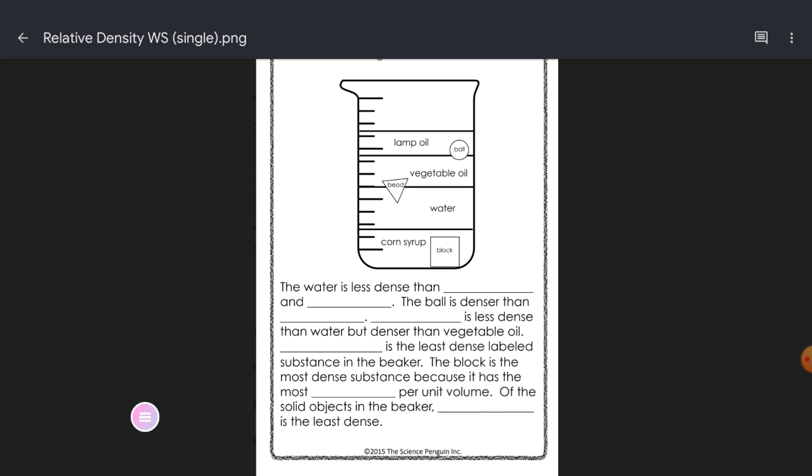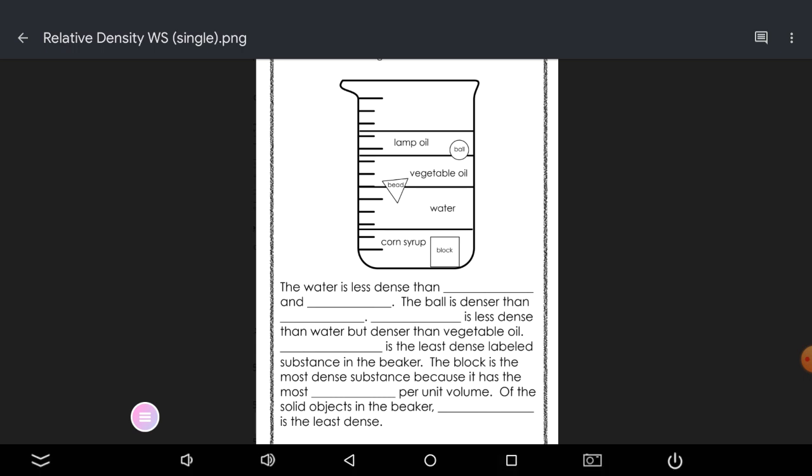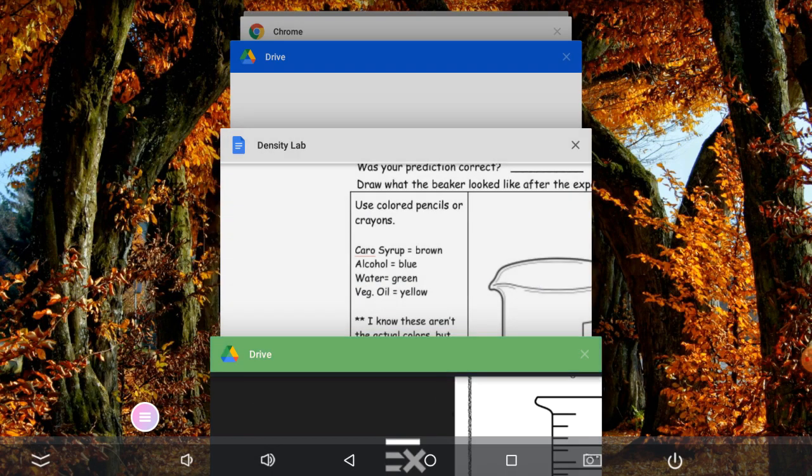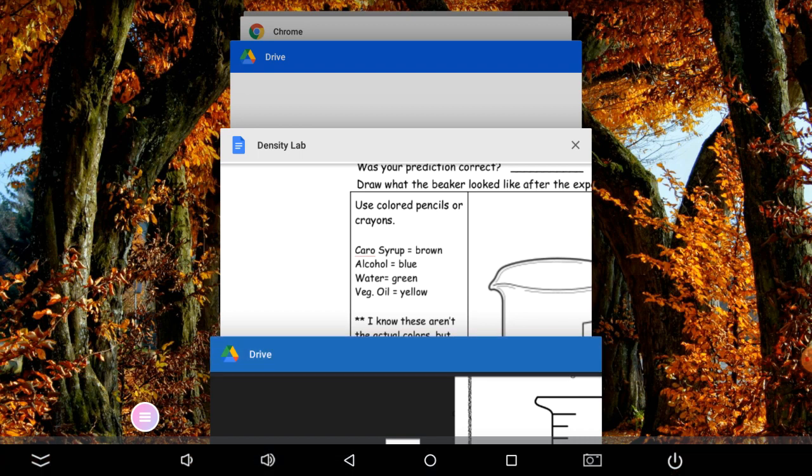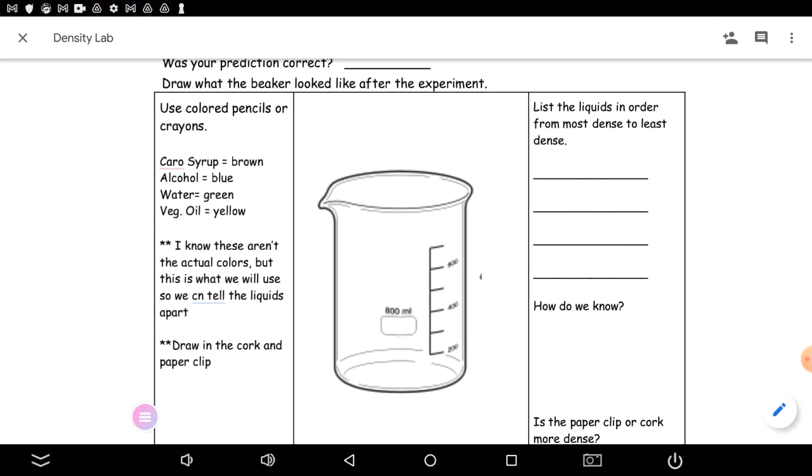Pull out your lab from Friday. Just set it aside for a sec. Okay, so we did the beaker part together. Out to the side it says list the liquids in order from most dense to least dense. Dane, what was the most dense liquid?